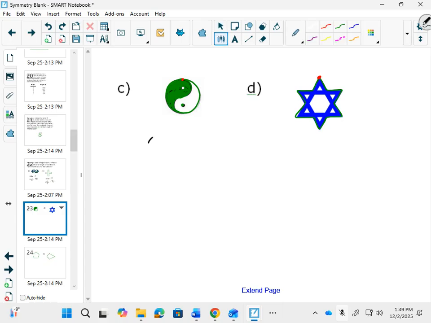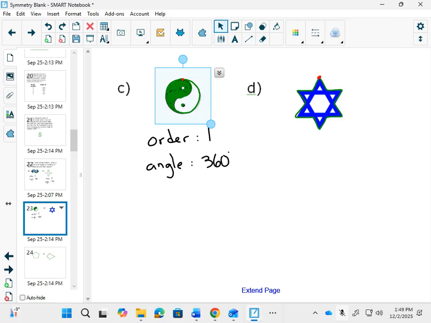Next one. Did you get an order of 1 and an angle of 360 degrees? Because technically, look at this. I know it sure looks like it's symmetrical this way, but now the white matches up with the black and the black matches up with the white. It's technically a different color, right?